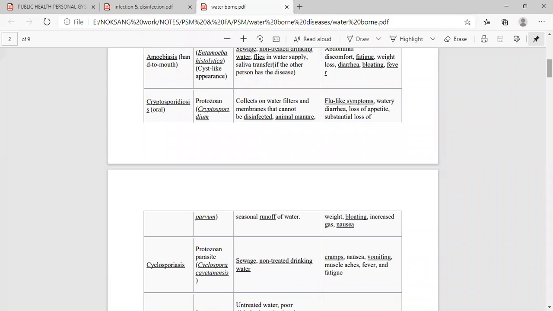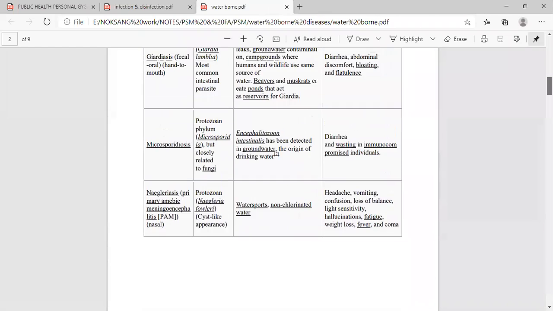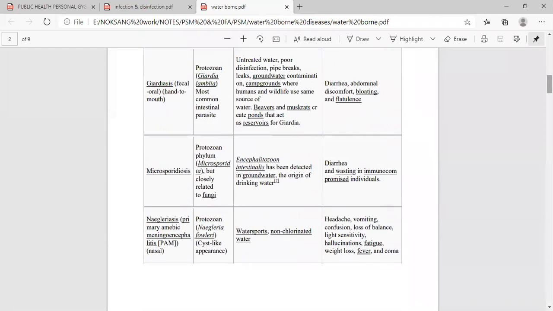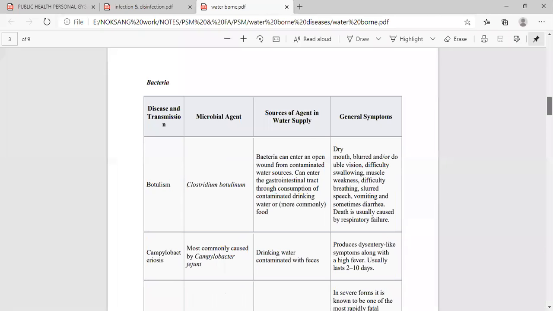Take the pictures fast. By reading only, you will come to know. It's written in a very easy way. If you have any doubt, you can ask me in the next class.